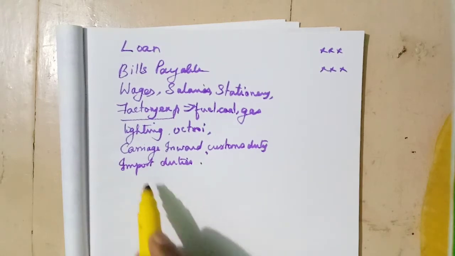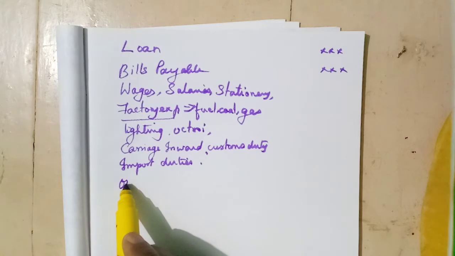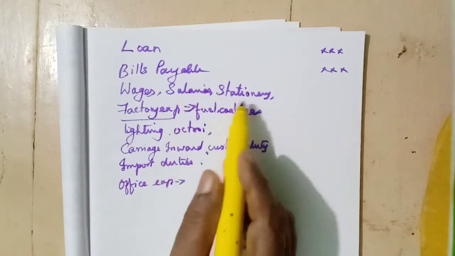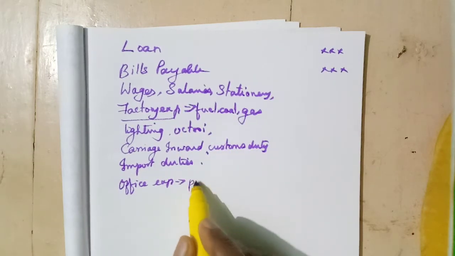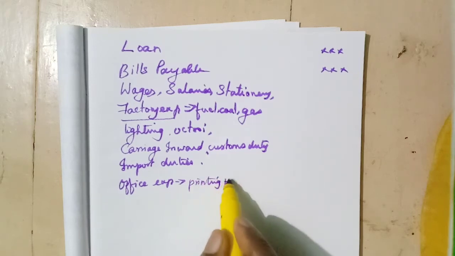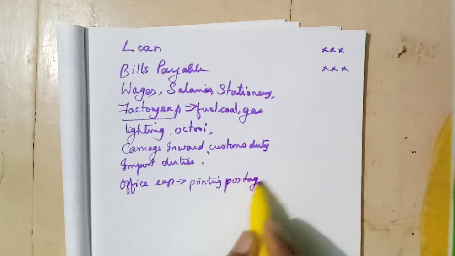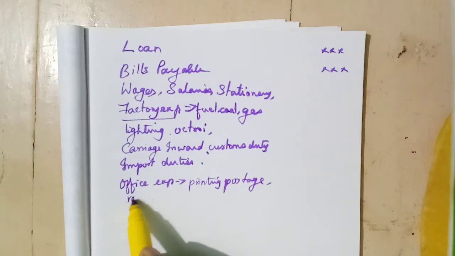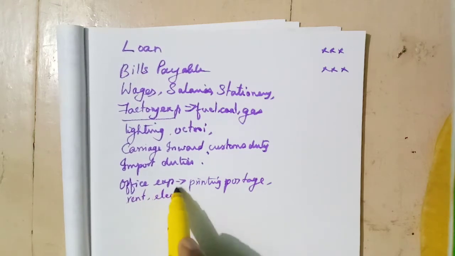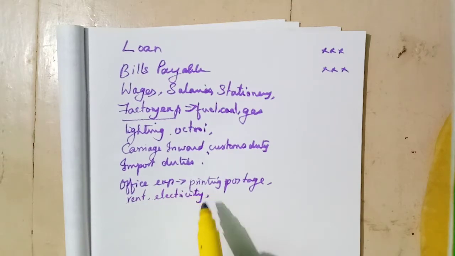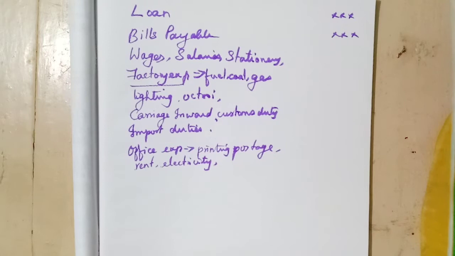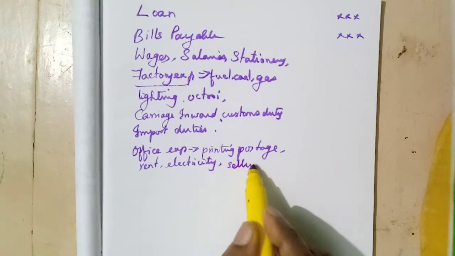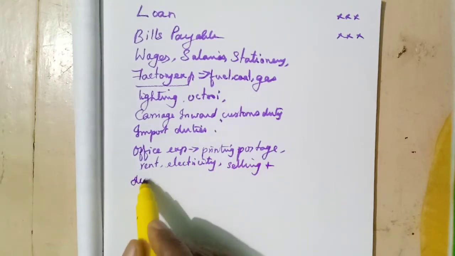Then all the other office expenses. Office expenses: salary, stationery, then printing, postage, then rent of office, electricity bill for office. All these are expenses. Any distribution expenses, selling expenses, all selling and distribution expenses.